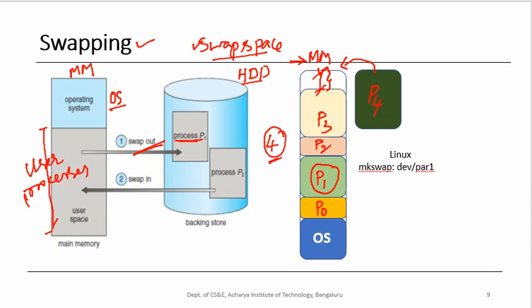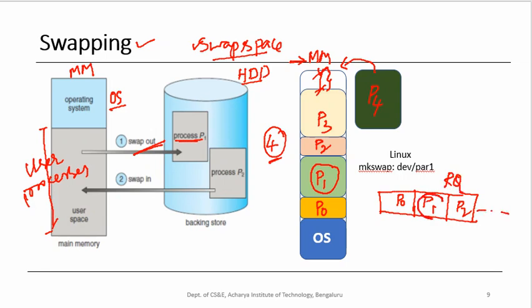That doesn't mean that P1 is not given an opportunity to run. It is as good as keeping P1 in main memory. Its entry will remain in the ready queue. Let us assume that the entry in the ready queue is something like this.